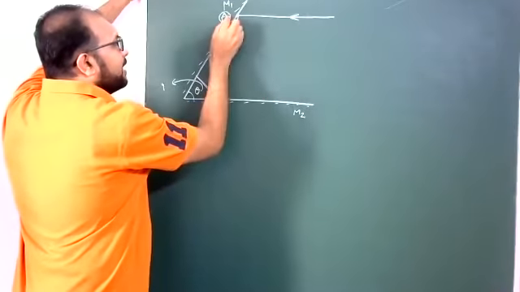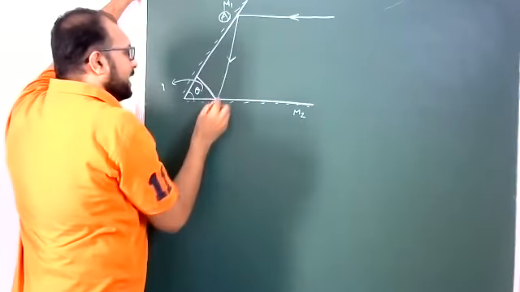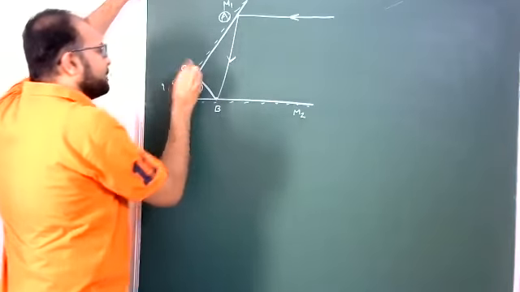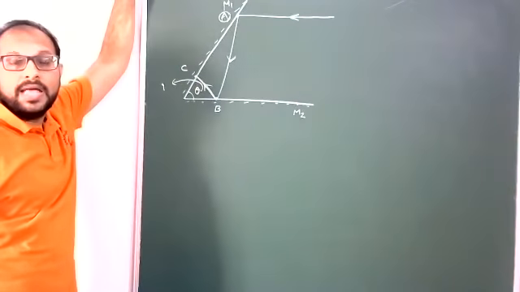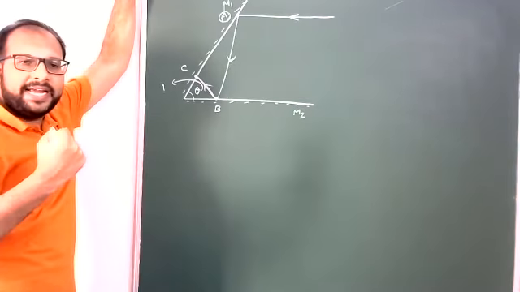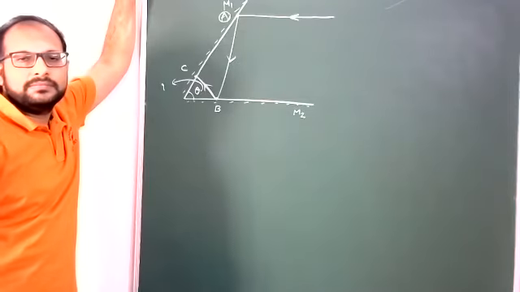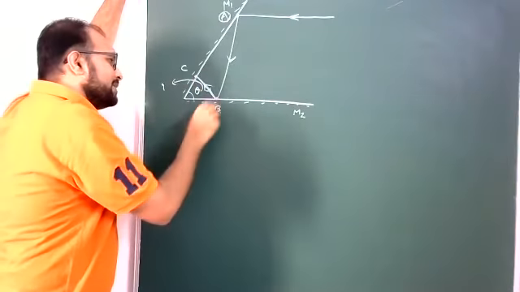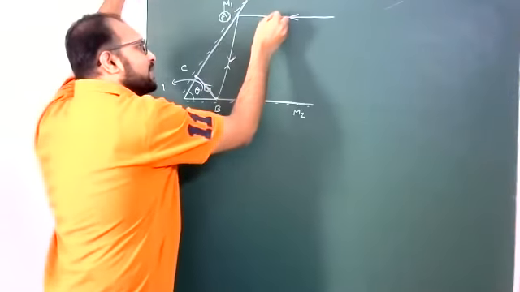Now the light ray is incident first at point A, later at point B, next at point C. Suppose the light ray is incident on M1 exactly normal, then what happens? Again the light ray comes back like this, again reflection, again going like this, again reflection.